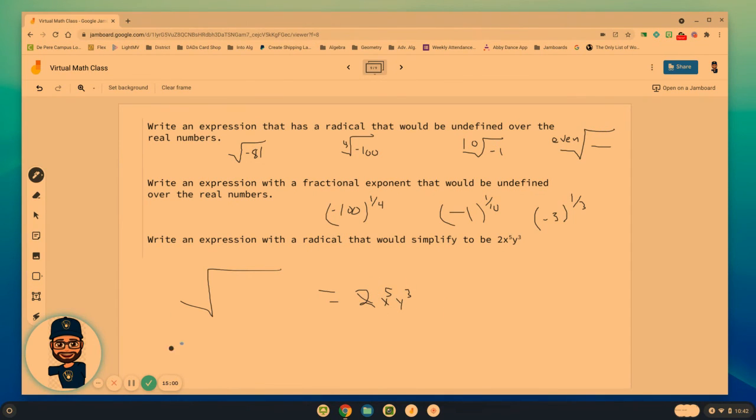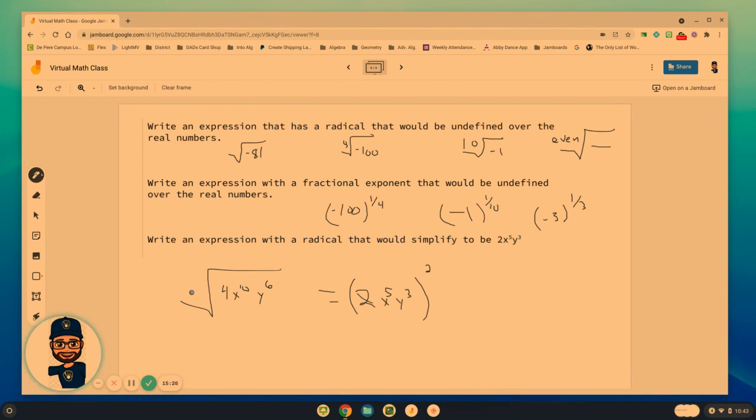Well, what's the opposite? How do I get that answer and put it under? We can take something out here, and let's just say we're going to square it. 2 squared would be 4. x to the 5th to the 2nd is x to the 10th. y cubed to the 2nd would be y to the 6th.